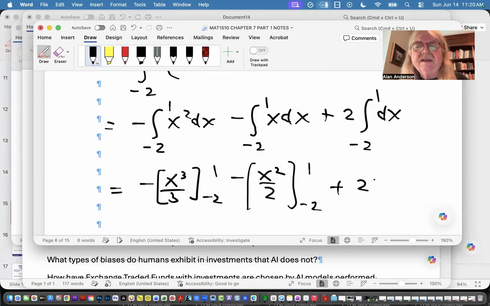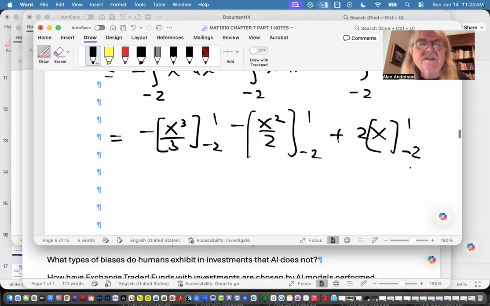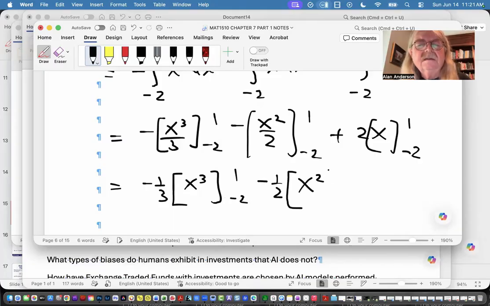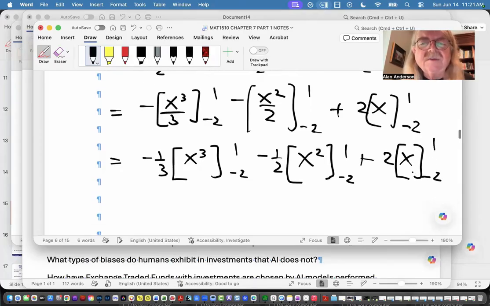And then here we'll simply have 2x. And now I'm going to factor out those constants. That usually makes things a lot simpler. And this one is just 2x. All right, now we can make the substitutions.